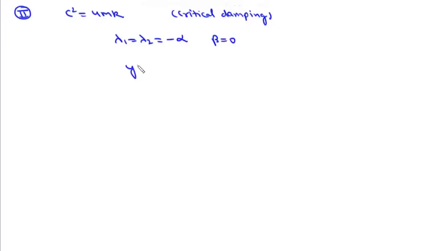So for this case, its displacement is represented by (c1 plus c2 t) into e to the power minus alpha t. So displacement in the case of critical damping is given by this equation.